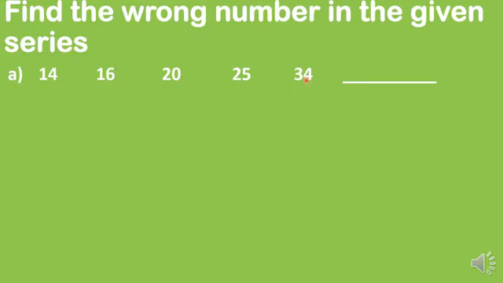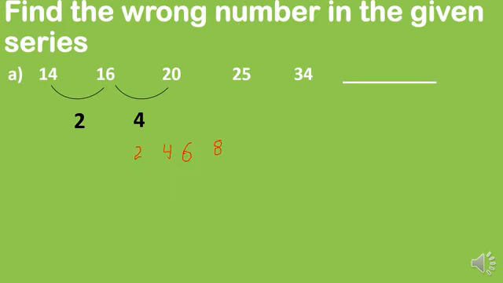Let's see the solution. In between the 14 and 16 there is the gap of 2 numbers, 15, 16, 2 numbers gap. 16 to 20 there is the gap of 4 numbers. So this is the multiple of 2, or you can say this is the table of 2. 2 की टेबल में सबसे पहले 2, then 4, then 6, then 8.